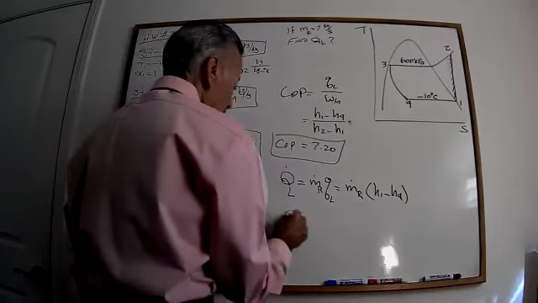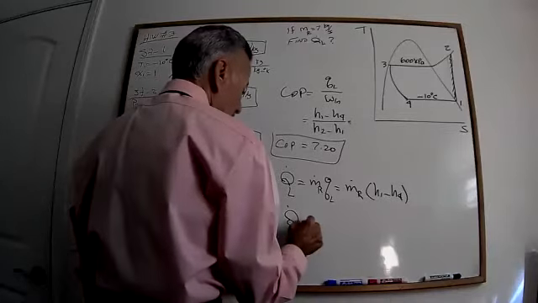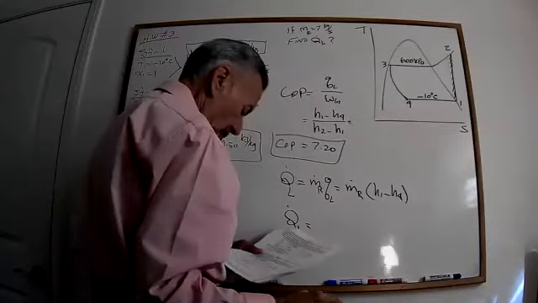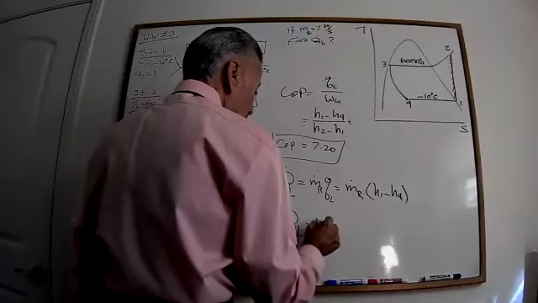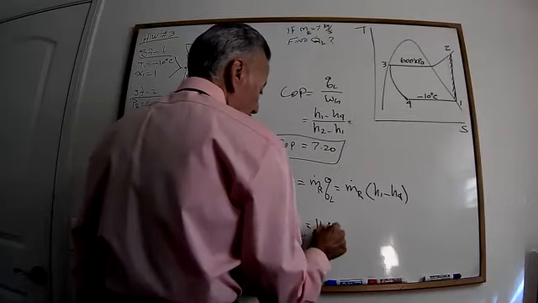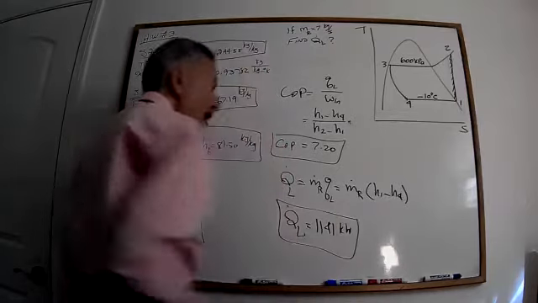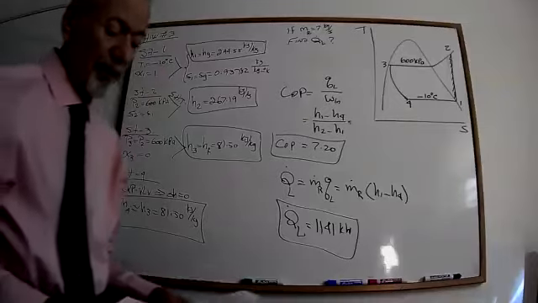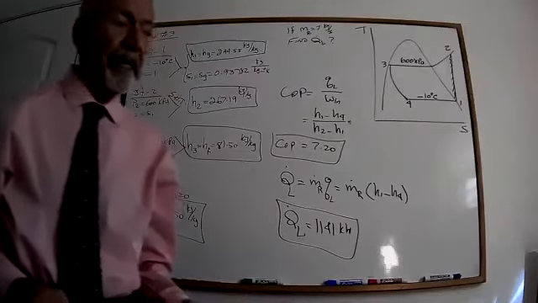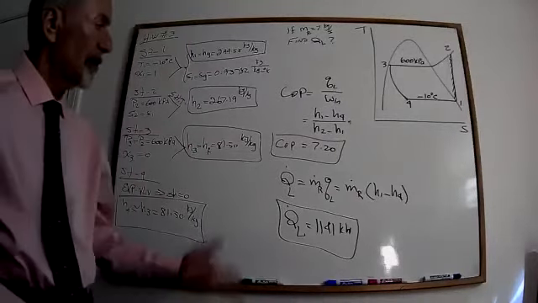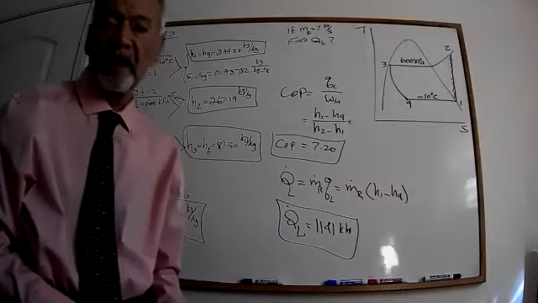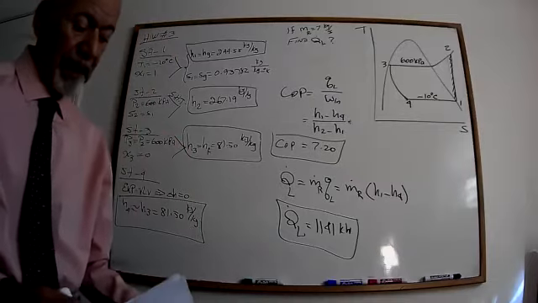If we plug the numbers in, you find the value of QL to be 1,141 kilowatt. Very simple, straightforward. And again, if you organize yourself, there is no way that you can make any mistakes. Any questions?